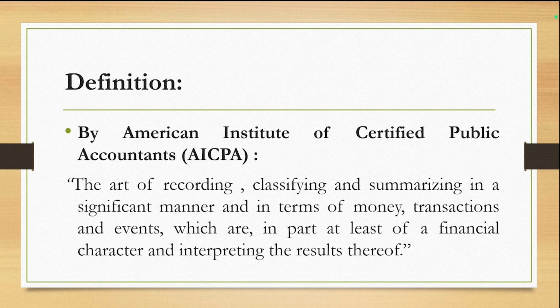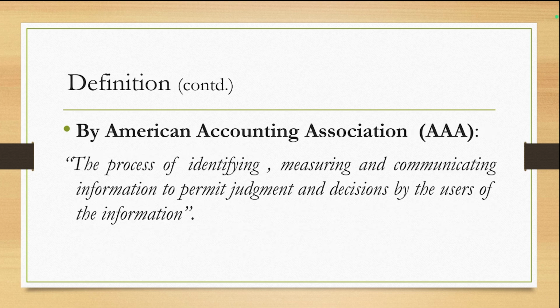According to AICPA, accounting is the art of recording, classifying, and summarizing in a significant manner and in terms of money, transactions and events which are, in part at least, of a financial character, and interpreting the results thereof. So whatever transactions we need to record, these transactions further need to be classified, and not only classified, they need to be summarized in a significant manner, and that significant manner is called the double entry system of bookkeeping, by which we can easily record our transactions, and these transactions can be used for future reference.